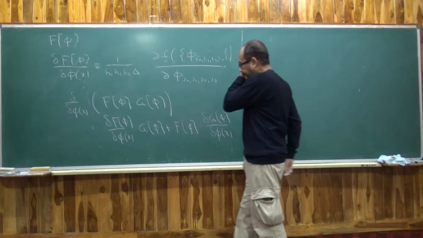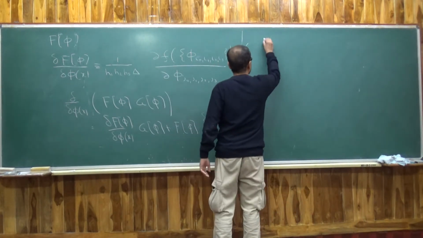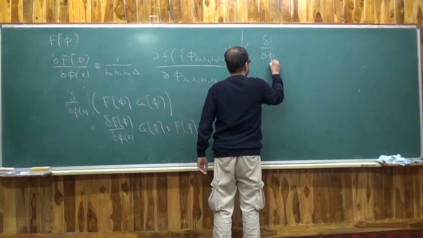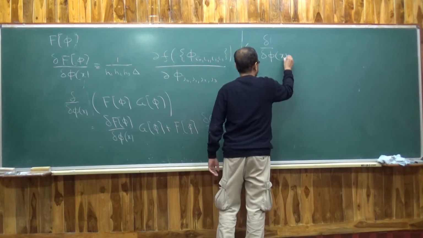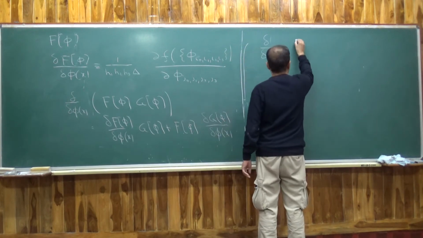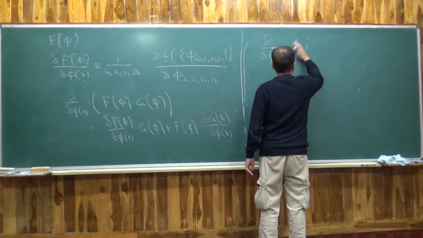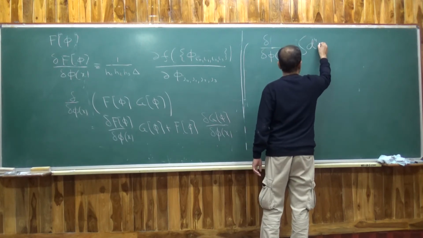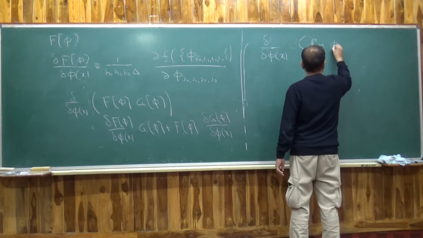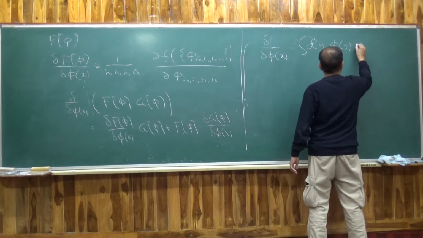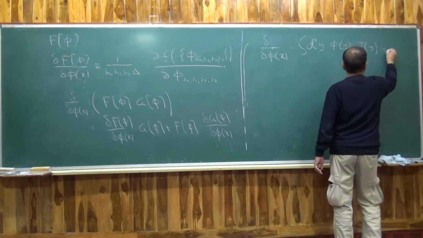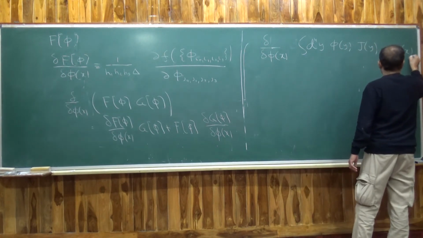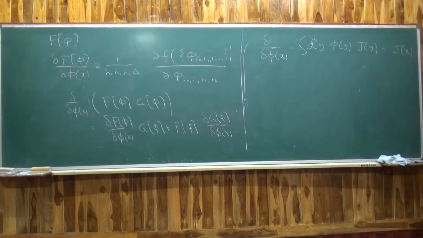Okay, so now let's go back to the one relation that we derived: delta phi of x, phi x of f of phi, integral d4y, and that's what we found using the definition.